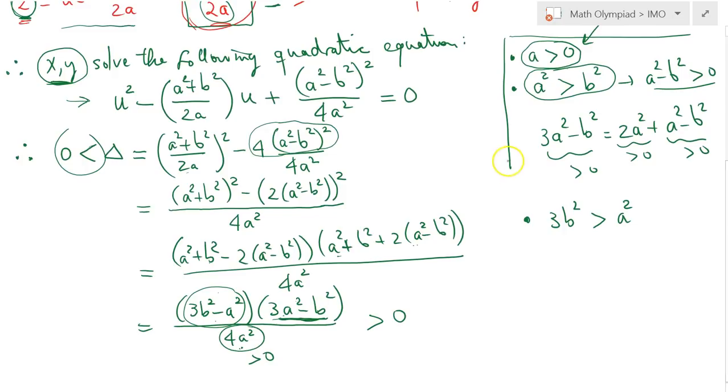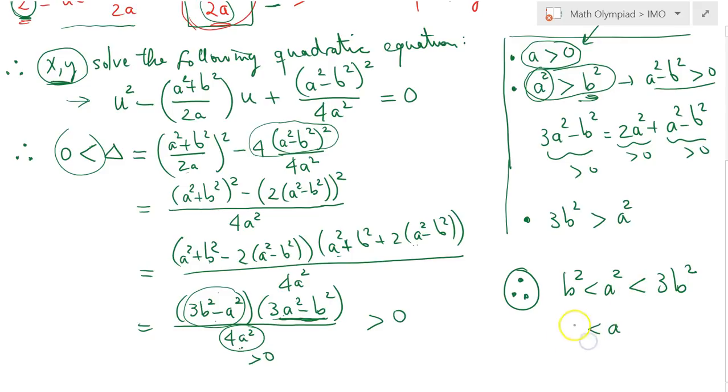So therefore, combining these 3 conditions, we are squeezing the a² between b² here, but at the same time it's also less than 3b². Or if you will, we can take the square root and we can further express it. You can further express it like this, I guess.